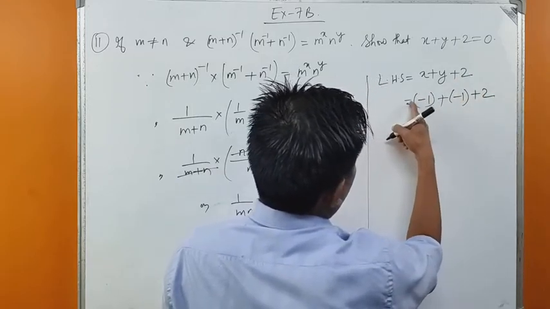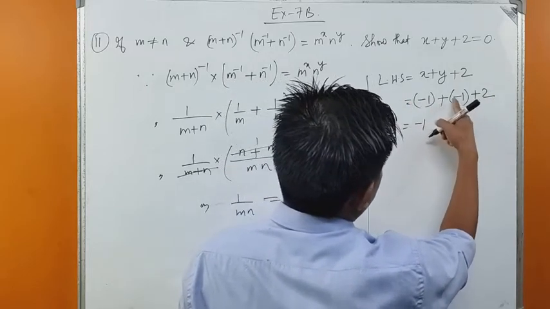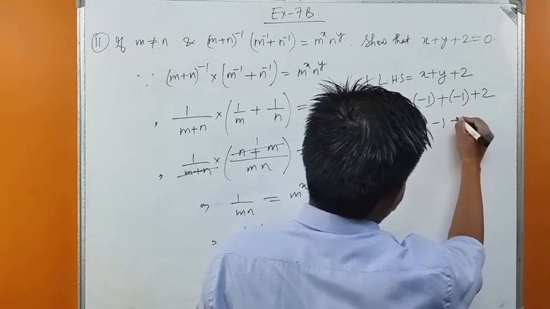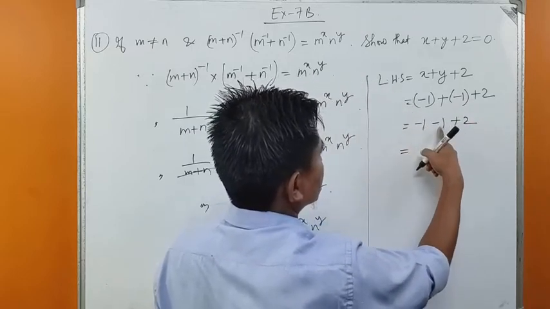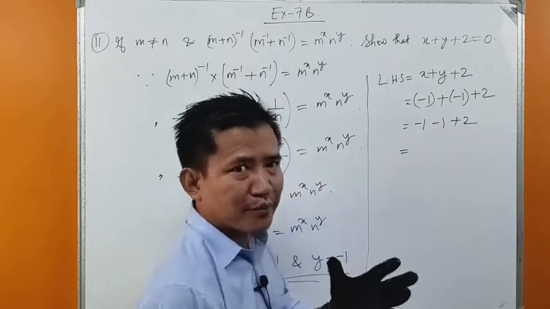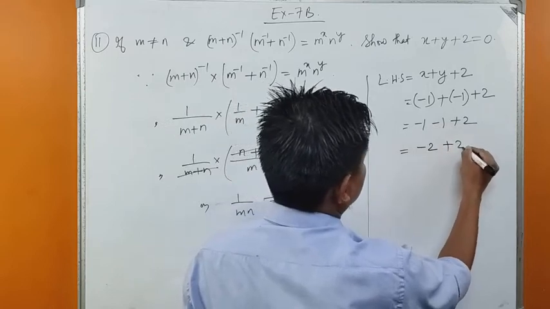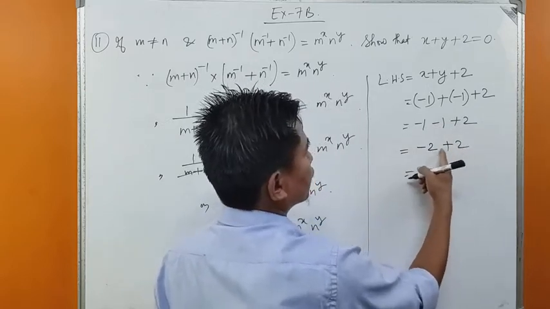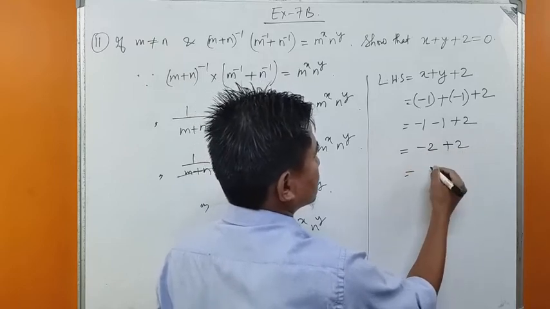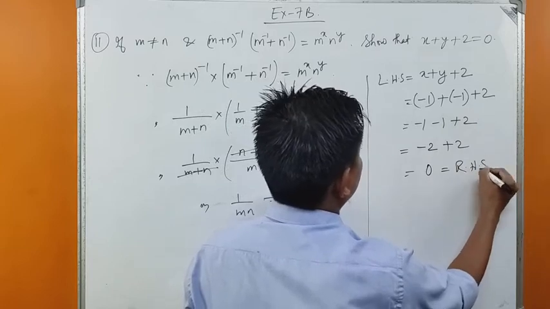So here we have a plus outside the bracket, so plus into minus, minus 1, plus into minus, minus 1, plus 2. So these two numbers have the same sign, minus 1, same sign means we must add the numbers, isn't it? Minus 1, minus 2 plus 2. So these two are equal numbers but different signs, plus 2 and minus 2. This means this equals 0, equals the right hand side, hence proved.